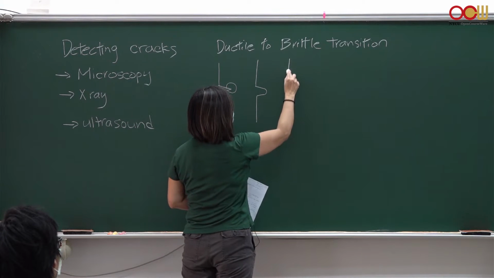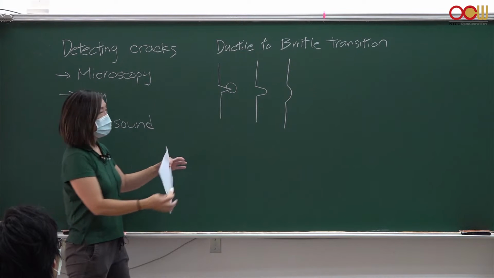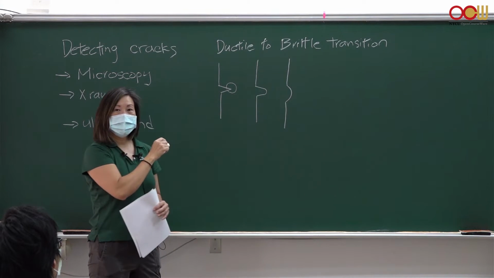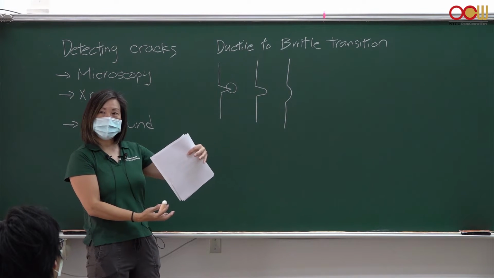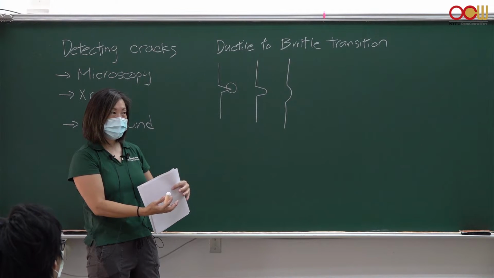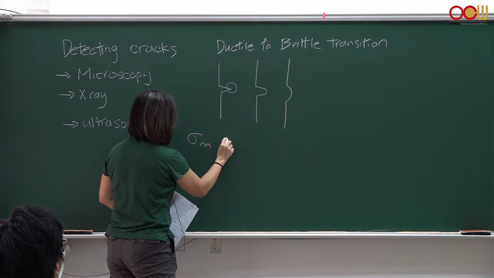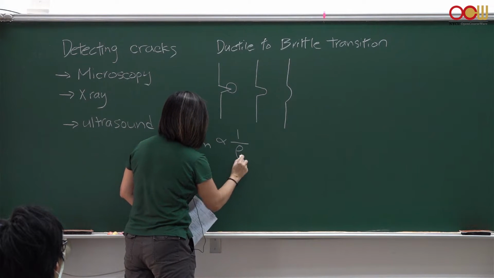So it will eventually deform more and more. And because it's deforming, the radius of curvature is getting larger, so the magnified stress is getting lower, right? Remember, our magnified stress is inversely proportional to 1 over rho t.